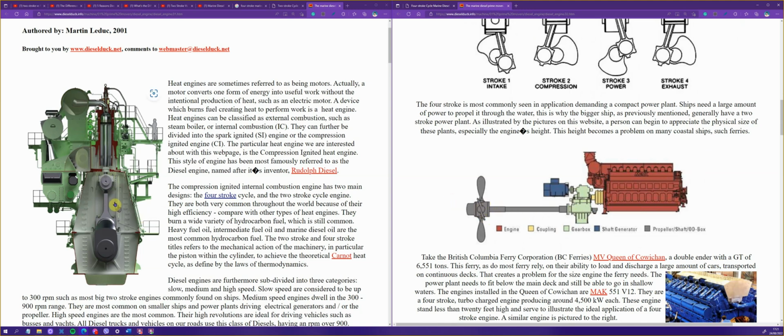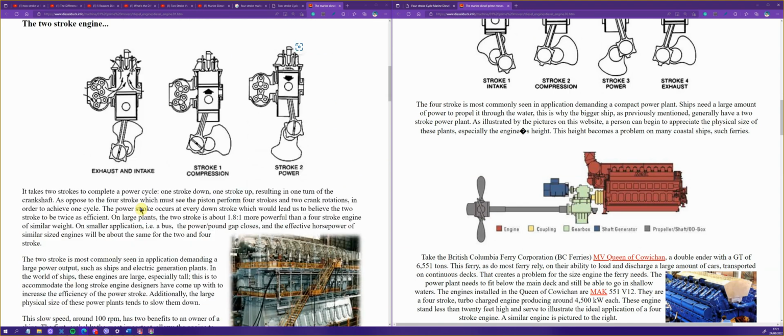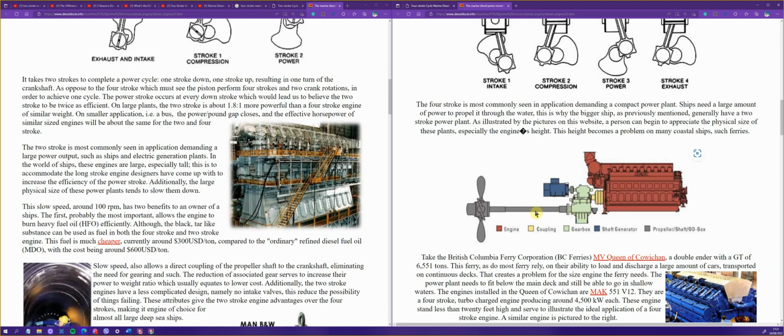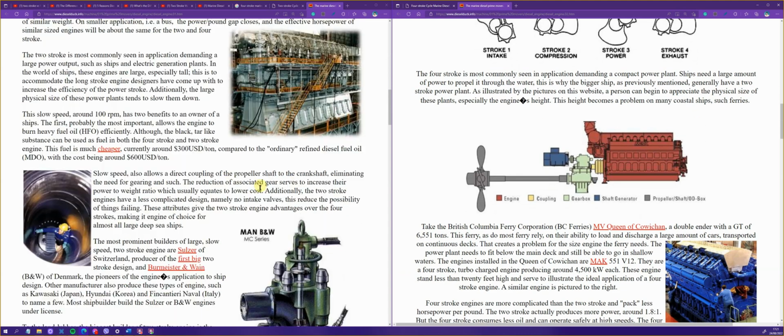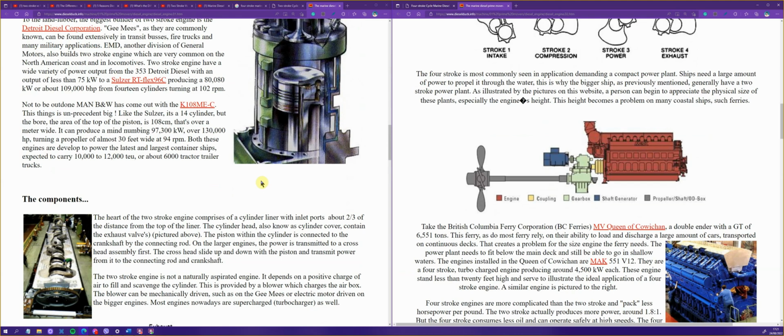Unlike sa 2-stroke, the two-stroke can be directly connected to your shaft and your propeller. Kasi, mababa lang yung RPM na requirement sa kanya.